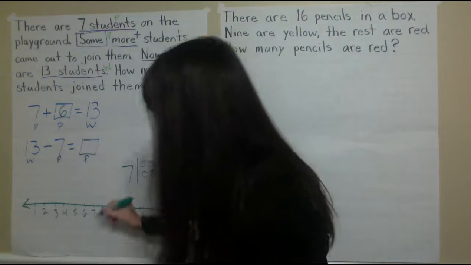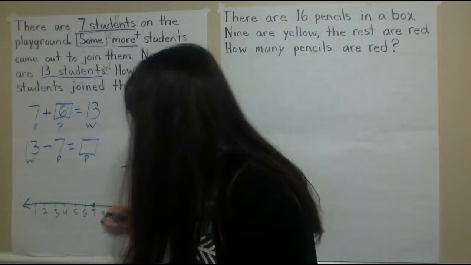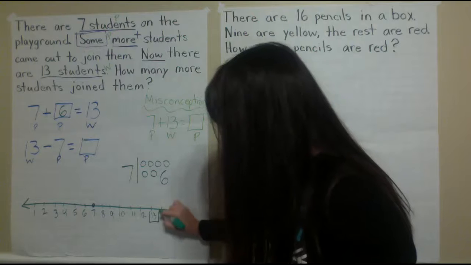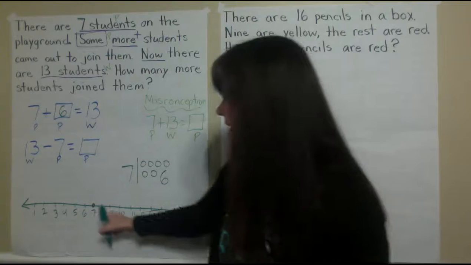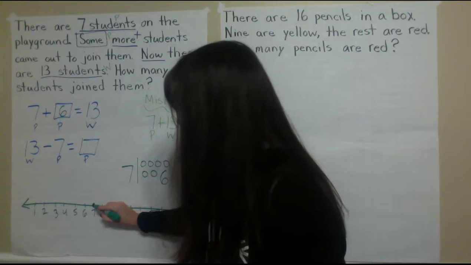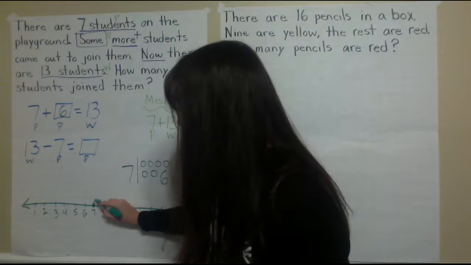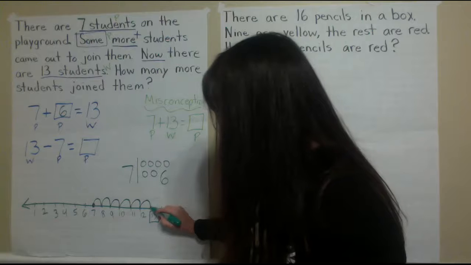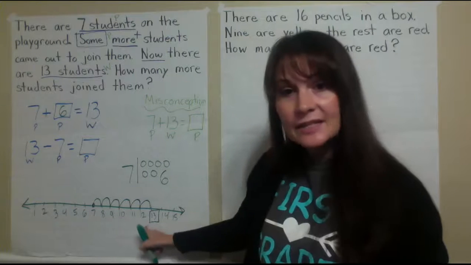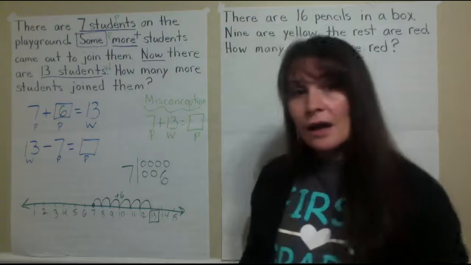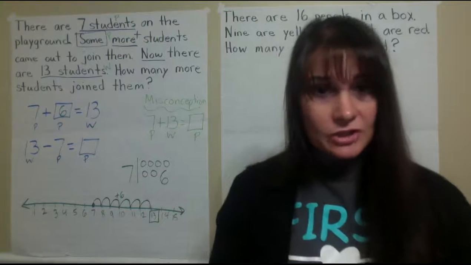If I start at 7, I know I want to end at 13, so I'm going to go ahead and box that 13. Now I'm going to count on to see how many hops it takes me. 7. So 1, 2, 3, 4, 5, 6. So how many did it take me? It took me 6. I could also think about subtraction.